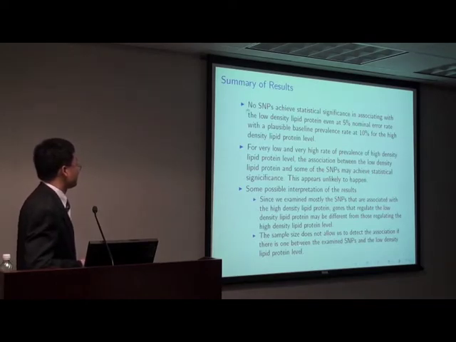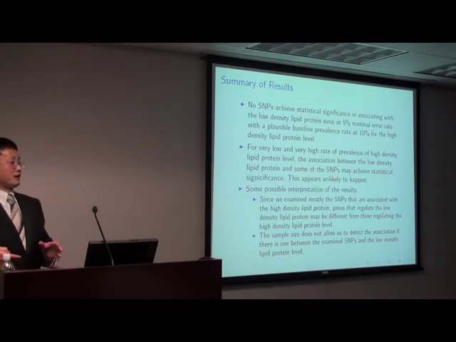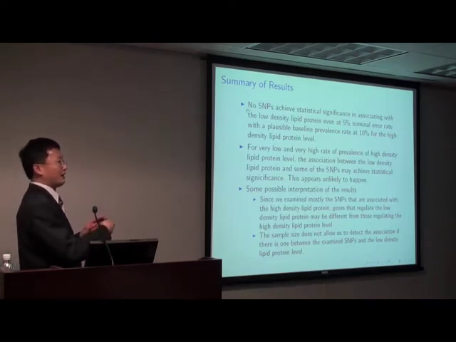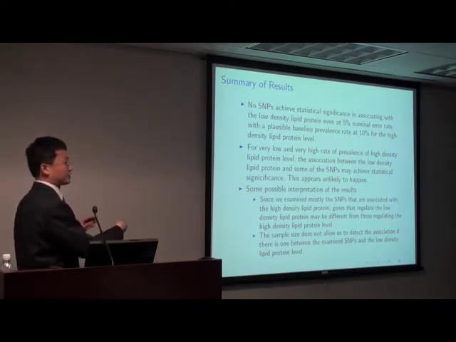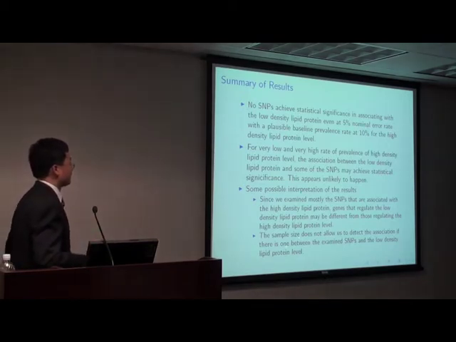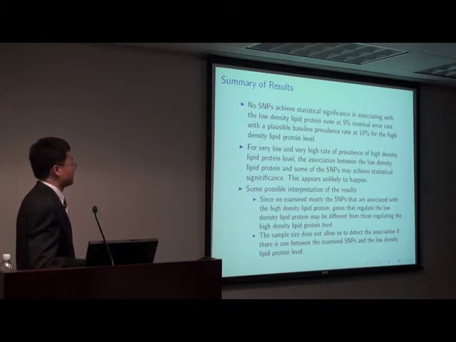The other one could be that you do not have a very large sample size, since it's a secondary phenotype. The sample size cannot be equivalent to the case-control sample size. If this low-density lipoprotein prevalence rate is relatively rare, then your sample will capture a relatively low rate of extreme cases.